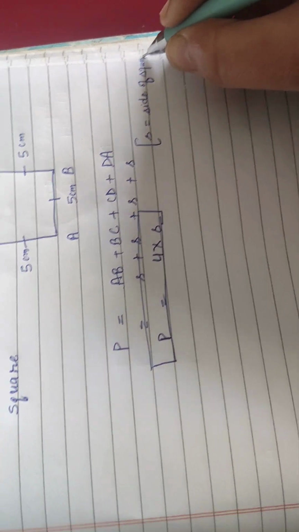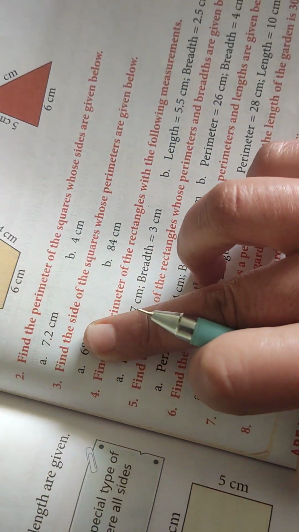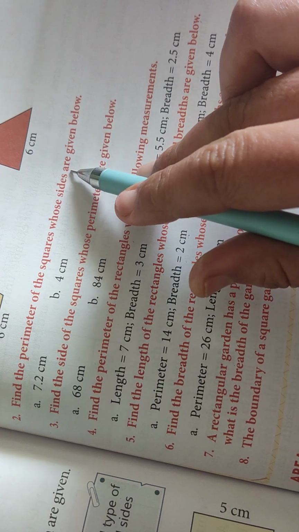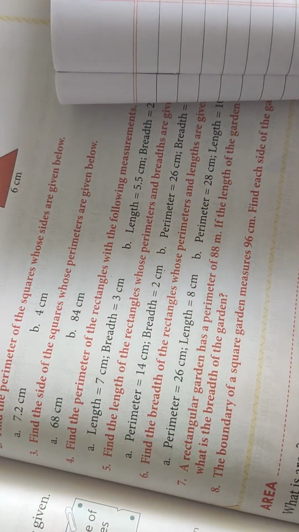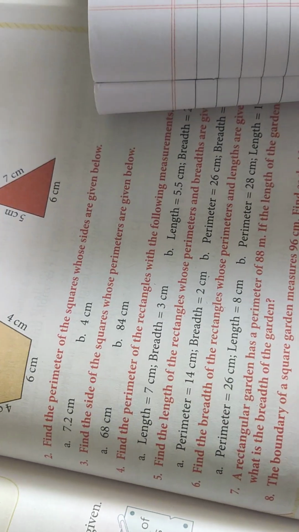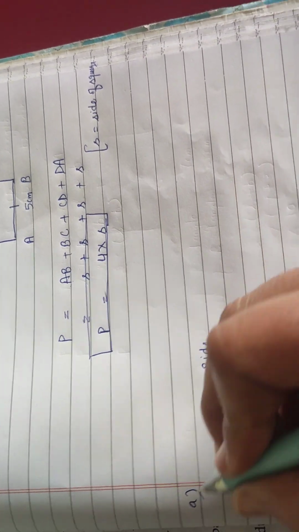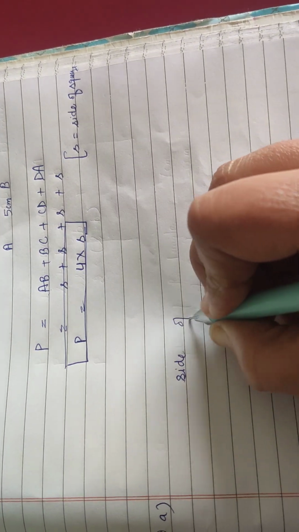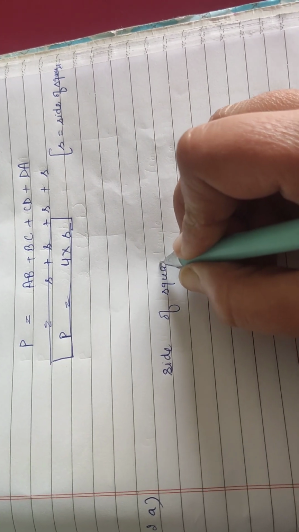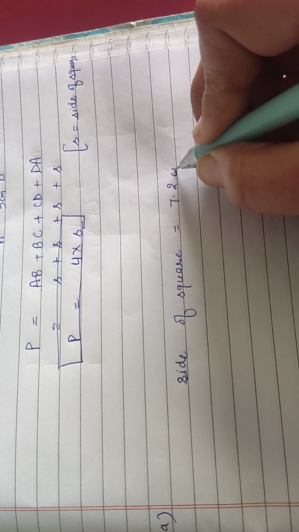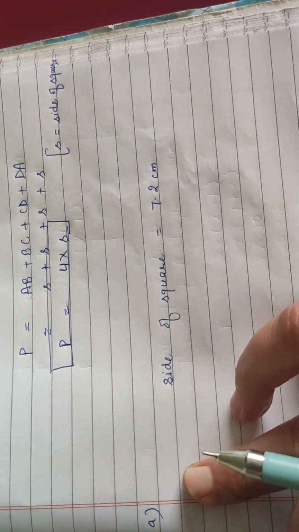Now move to the second question. Find the perimeters of squares whose sides are given below. Now come to question A. In question A, side of square is equal to 7.2 centimeter. Now what do I have to do?